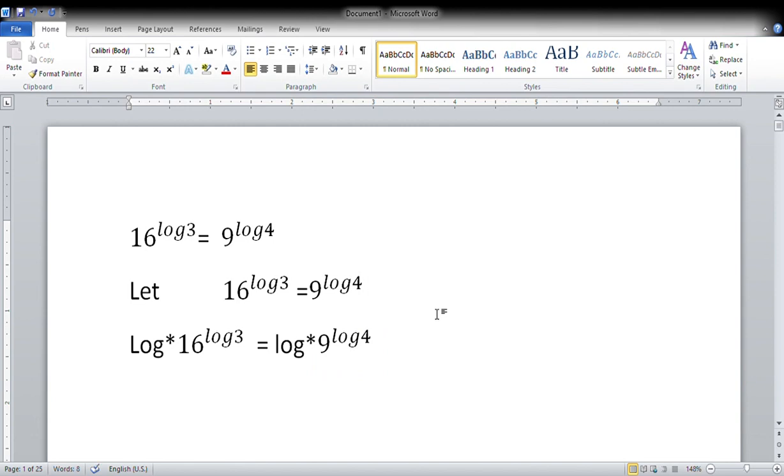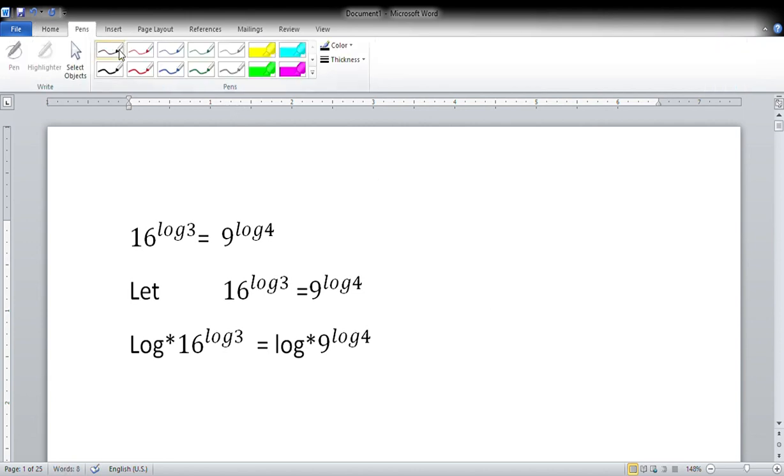We have already studied one thing, I think in a previous problem: suppose log of m to the power n is given.